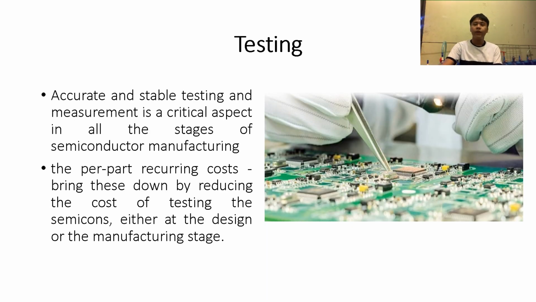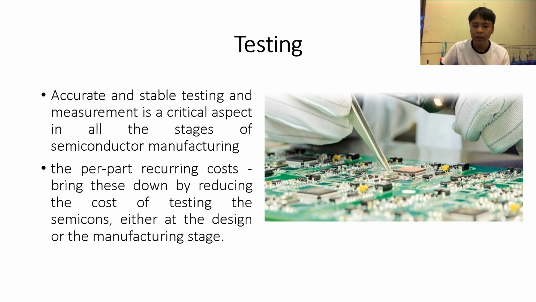And now, we are down to testing. Accurate and stable testing and measurement is a critical aspect in all stages of semiconductor manufacturing in order to ensure accuracy and stability of the product.